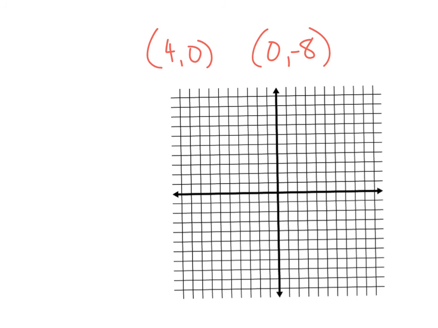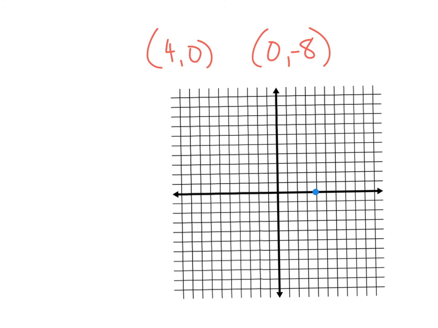All right, so where do I graph my first point? The 4. Where do I graph it? Which line am I on? That's the x line, and it's a positive 4, so I'm going to go which way? The right 4. Very good.